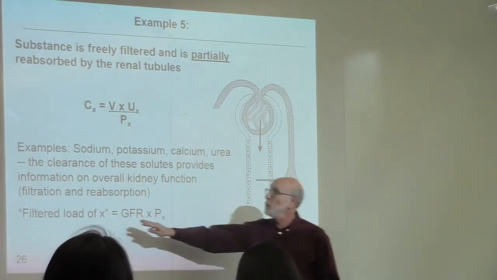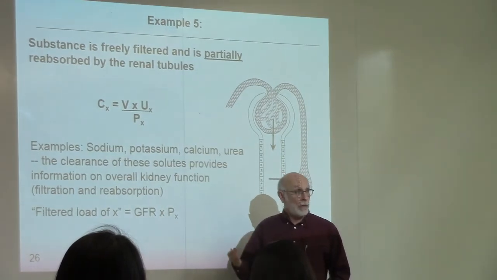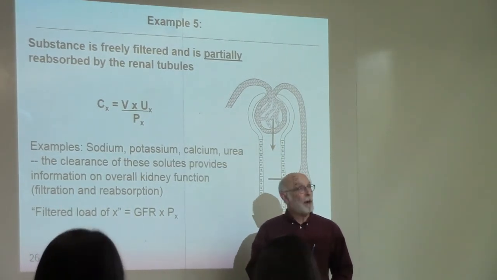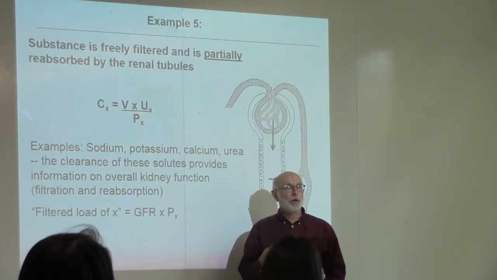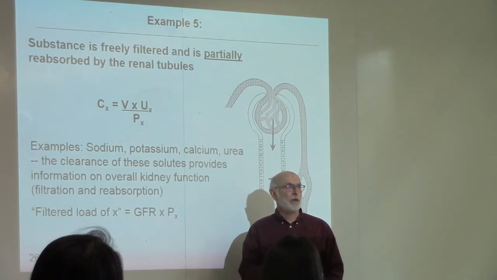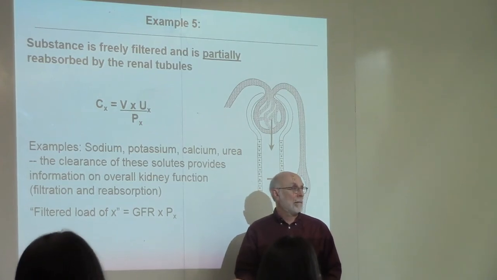In this case, what is the filtered load? Oh, this is a new concept. We've talked about excreted load. Remember, the excreted load was the volume flow of urine, mL per minute, times the amount in urine, in mg per mL, and the excreted load was milligrams per minute.